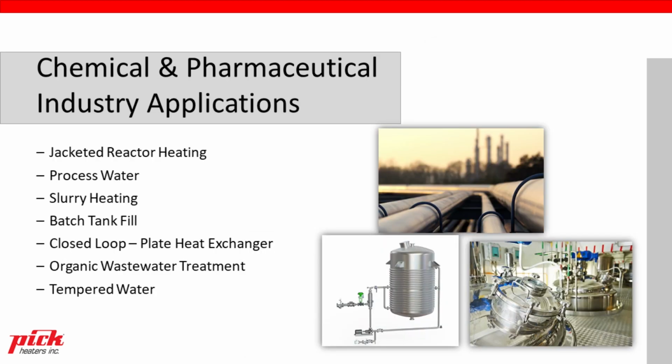That's the food industry. Now moving into chemical and pharmaceutical industrial applications. Heating reactor vessels is a very good and common application for chemical and pharmaceuticals. So where you're making a reaction, that's typically done in a vessel that has a jacket around it. And hot water can be circulated around that jacket.